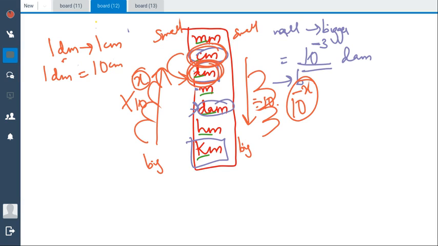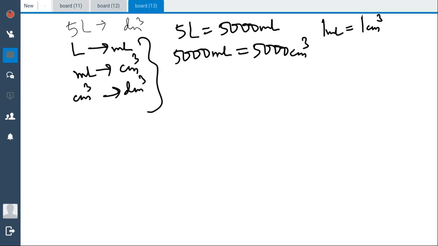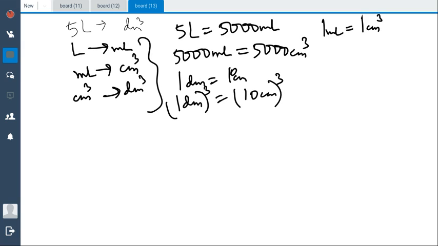If 1 decimeter equals 10 centimeter, then if we cube it, 10 centimeter also has to be cubed.